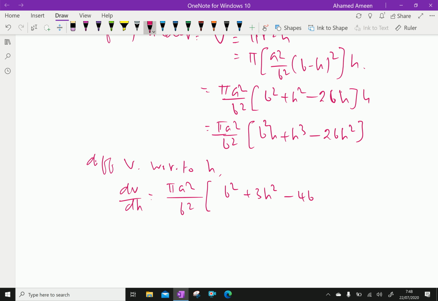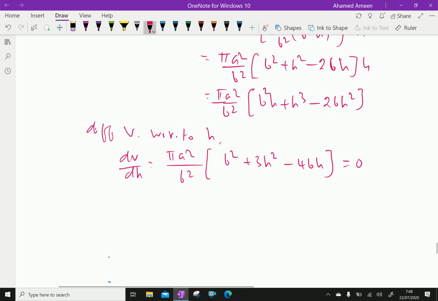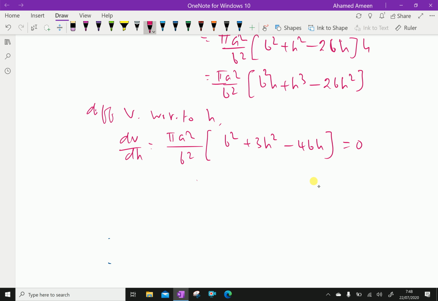Let it be equal to 0. Since pi A squared over B squared is not 0, we can write B squared minus 4BH plus 3H squared equal to 0.